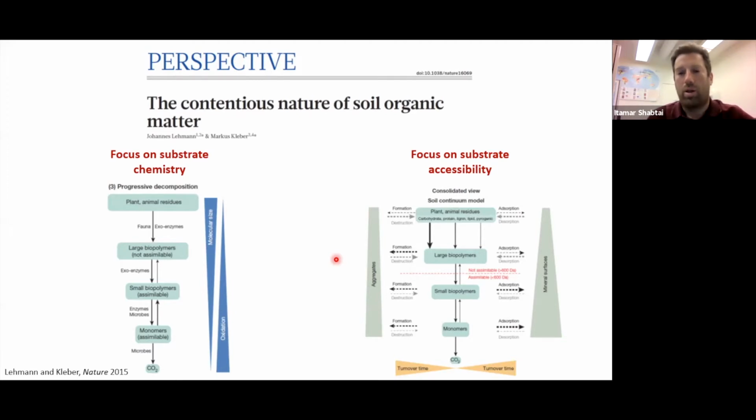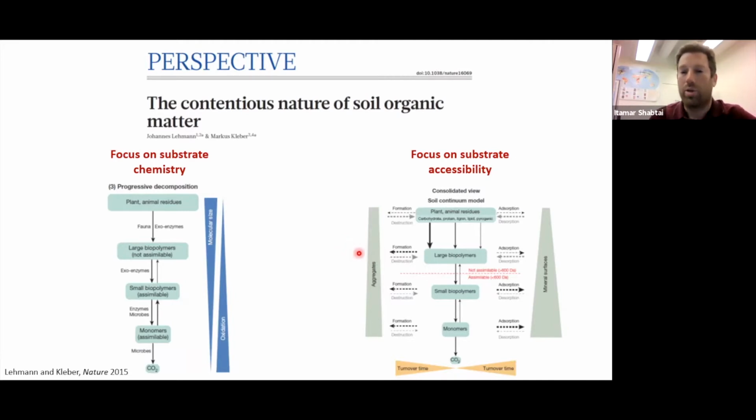Whereas in this paper, the framework that was put forward and suggested was that organic inputs from plants and animals were continuously being processed by decomposer communities into smaller and smaller compounds, which are becoming more and more oxidized. And as these compounds were becoming smaller and more oxidized, their affinity to interact with mineral surfaces or to go into soil aggregates increased.